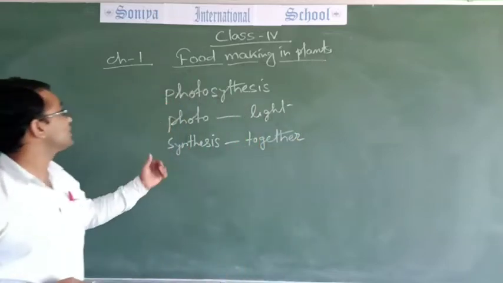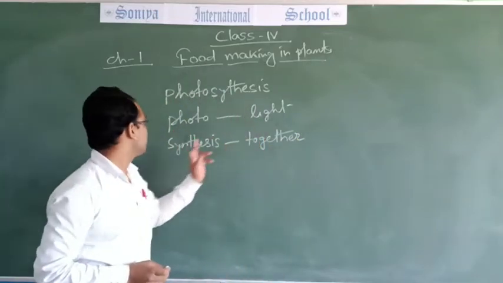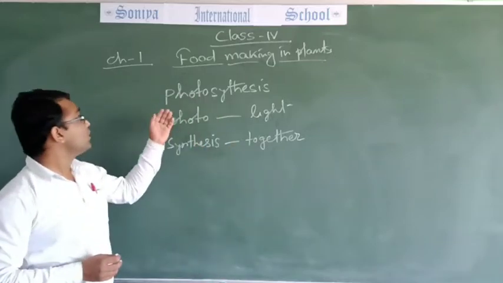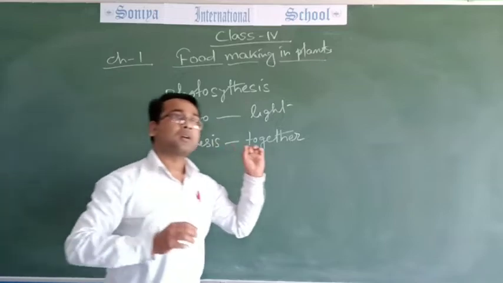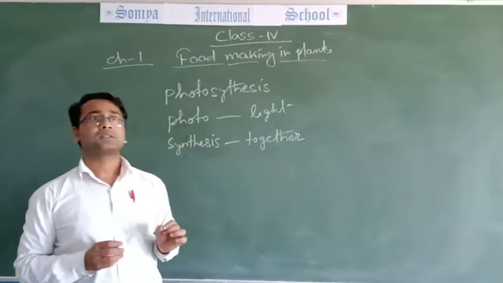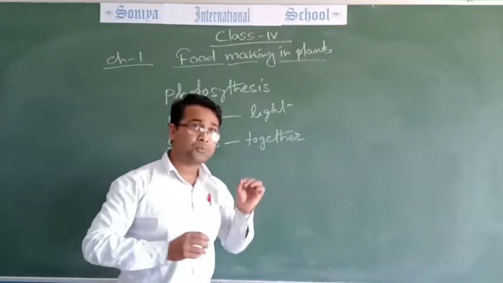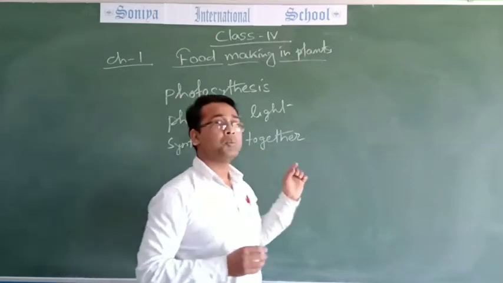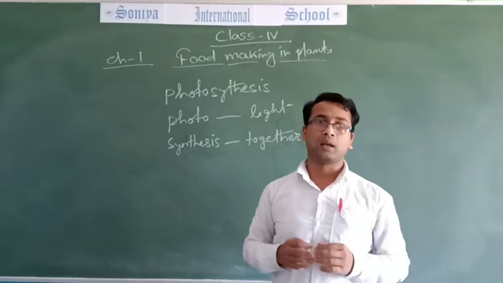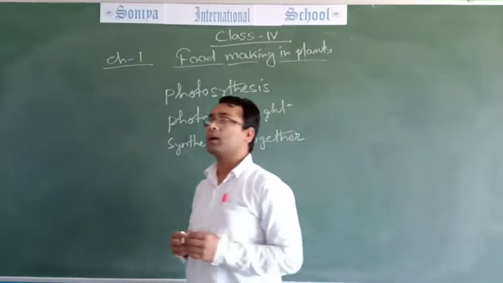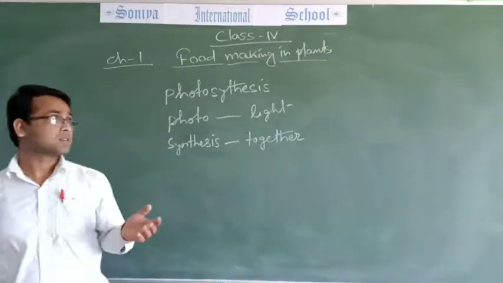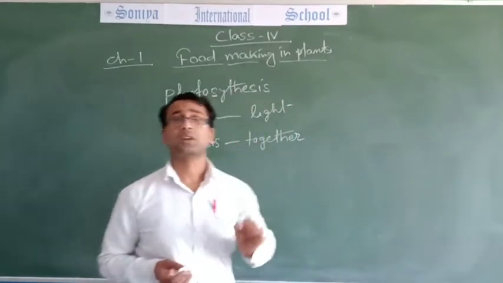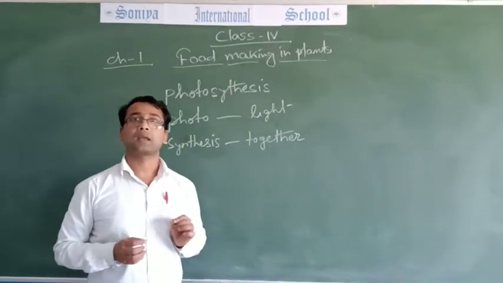That is photosynthesis. So green plants make food. The process of photosynthesis happens in the presence of sunlight. Photosynthesis proceeds in green leaves.